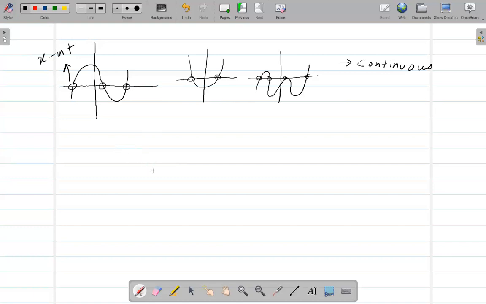Now let's see an example where we have something like this. Okay, so right here at this point, there is a sharp edge. If a function has a sharp edge, even though it's a continuous function, right, it has a sharp edge right here.